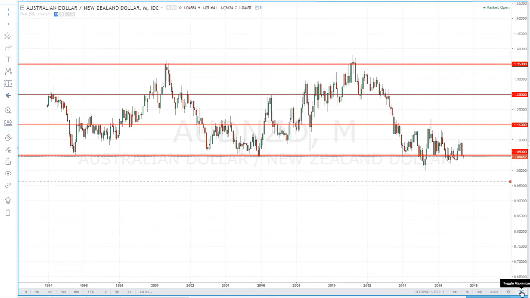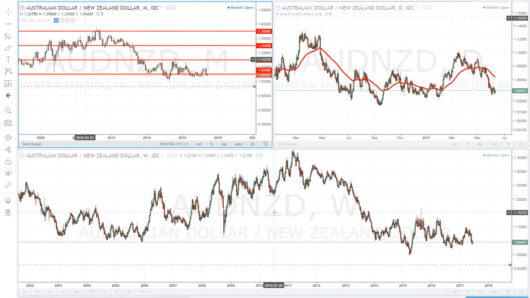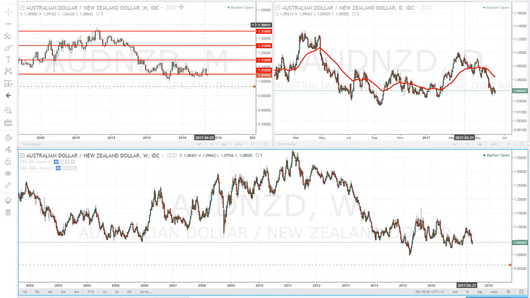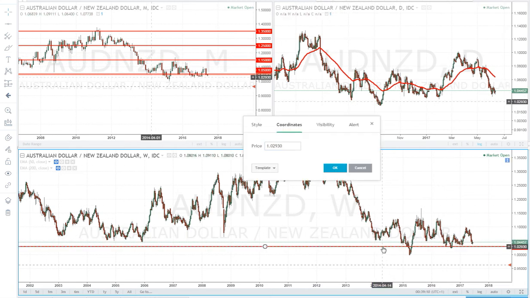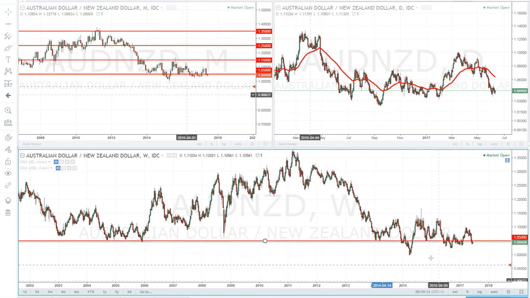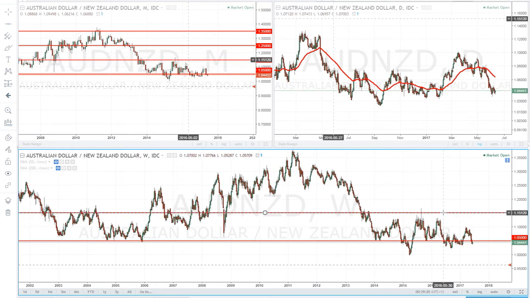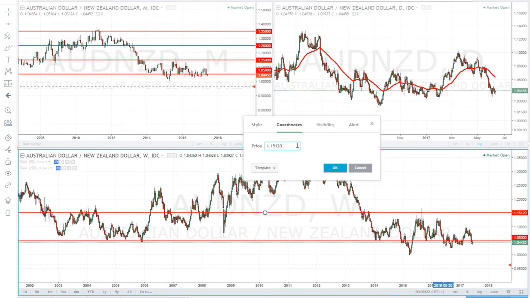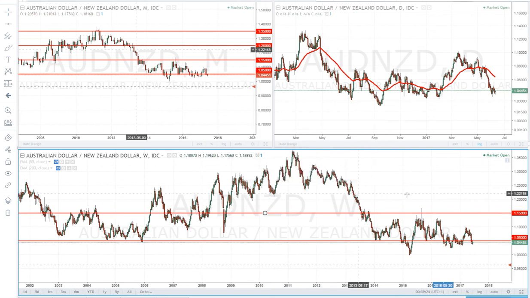So when we go down to the weekly now, I'm just going to copy over the lines straight away. I know you can do it automatically with TradingView, but what I like about how I do this is I can then fine tune the lines onto the weekly chart straight away. You see, 1.15 isn't particularly the greatest for recent data on this weekly chart.